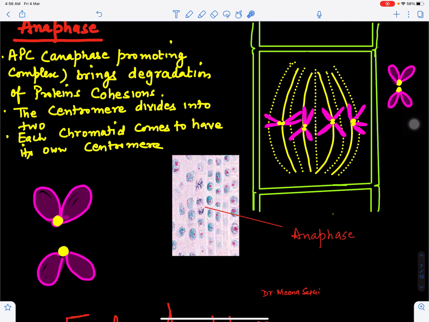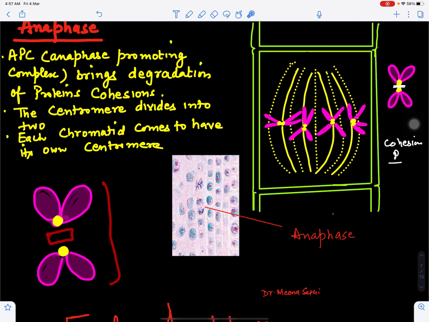So we can see here the centromere has divided into two, and the two centromeres are adhered with the help of cohesin protein, and these are two chromatids like this and like this, right? So the centromere divides into two. Each chromatid comes to have its own centromere, and this cohesive protein which is attaching the centromeres will be degraded and these two chromatids will get separated.